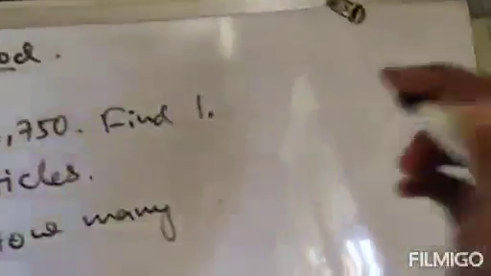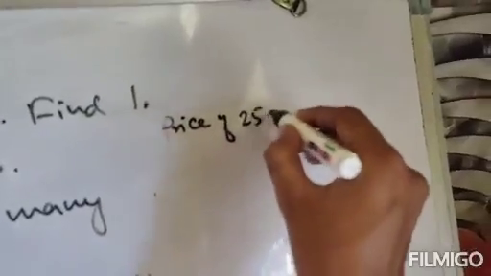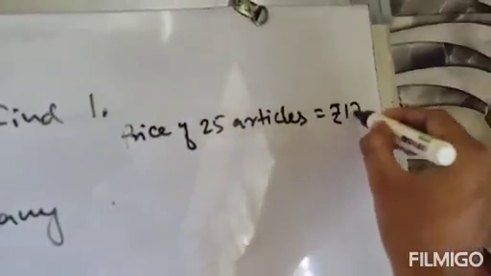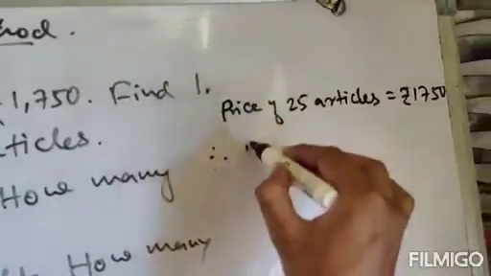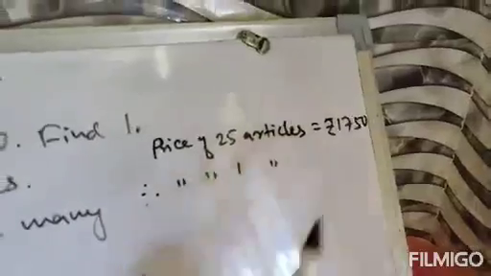So write the statement: the price of 25 articles is equal to rupees 1750. We have to find first the cost of one article, so we write the price of one article. Initially the cost of 25 articles is rupees 1750.